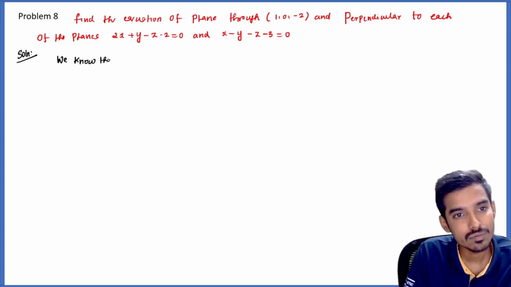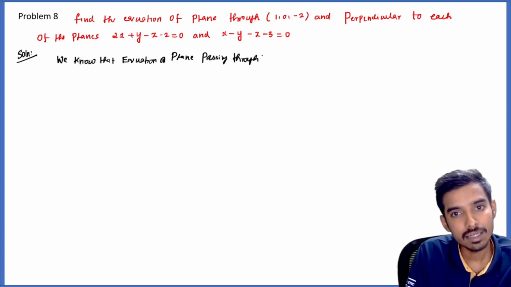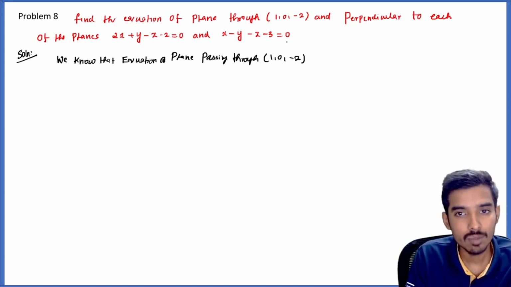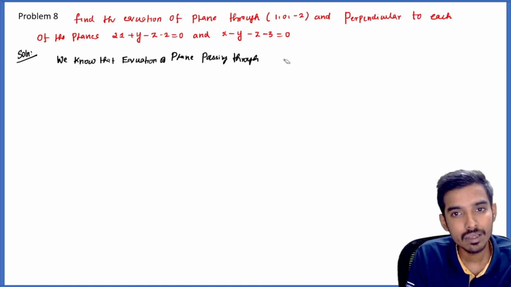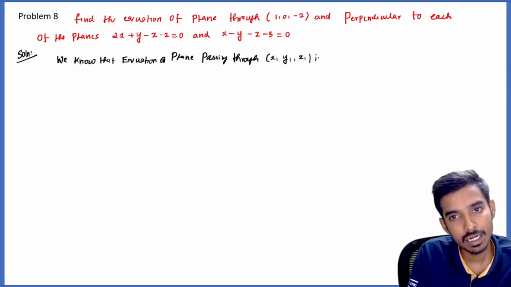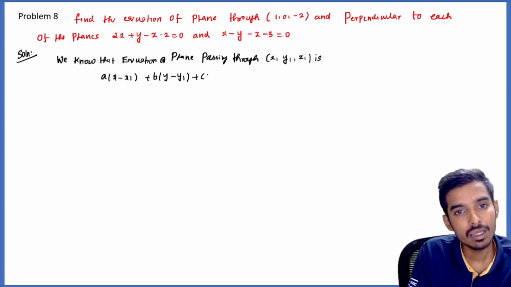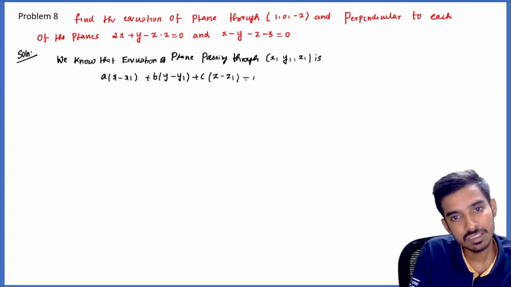So we know that the equation of plane passing through (x1, y1, z1) is given by a(x - x1) + b(y - y1) + c(z - z1) = 0. Before that, I'll give the general formula.